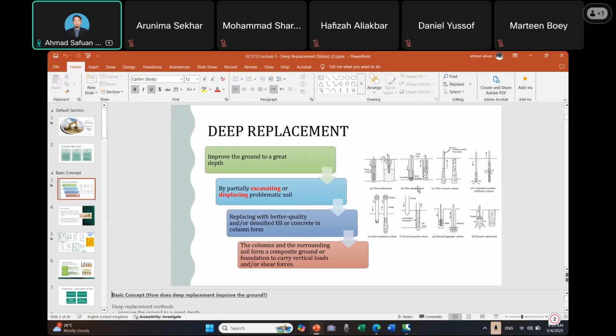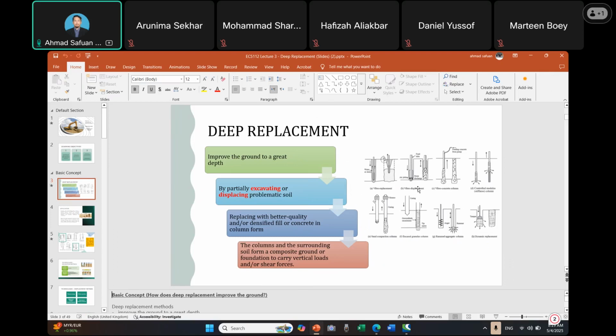and to make sure that the weak material can be easily replaced by this new material.